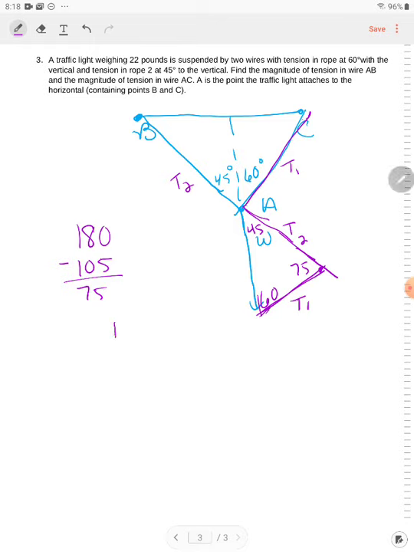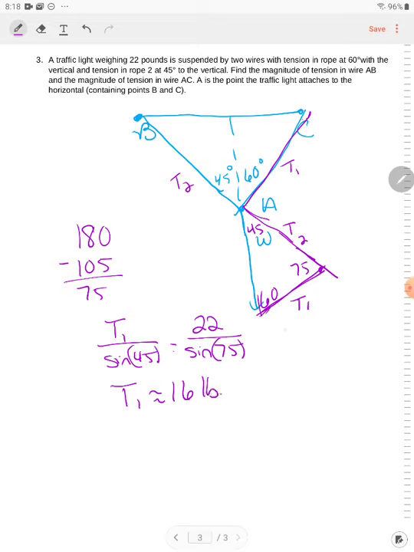So T1 over sine 45 is equal to 22 over sine of 75. Solving, T1 is approximately 16 pounds. And T2 over sine of 60 is equal to 22 over sine 75, so T2 is approximately 20 pounds. So we find our answers using the law of sines.